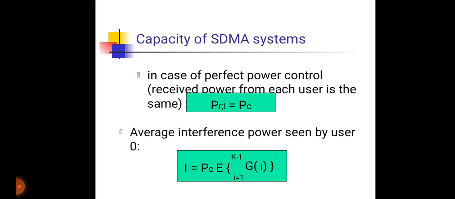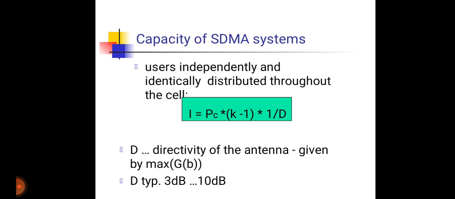Now, the capacity of the SDMA system in the case of perfect power control: the received power from each user is the same. For that, the equation is P_R0 equals P_Ri equals P_c. The average interference power seen by user 0 is I equals P_c E[ sum of G_b(phi_i) for i equals 1 to K minus 1 ]. Now, users are independently and identically distributed throughout the cell.